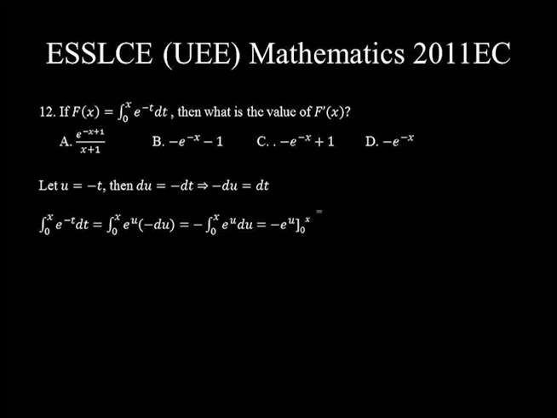We know e to the power of u means e to the power of negative t. Thus we get negative e to the power of negative t, t ranging from 0 up to x, which is equal to negative times e to the power of negative x minus e to the power of 0, which is equal to negative 1 times e to the power of negative x, that is negative e to the power of negative x. E to the power of 0 is 1. Negative 1 times negative 1 is plus 1. Therefore, choice C is the correct answer.